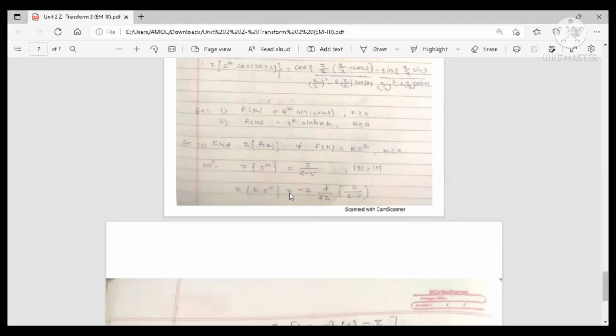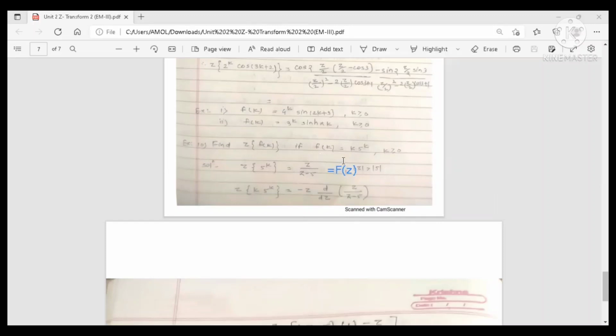So it is equal to minus z into d by dz of f of z. Now f of z is this function here. In this example, z upon z minus 5 is nothing but the f of z.